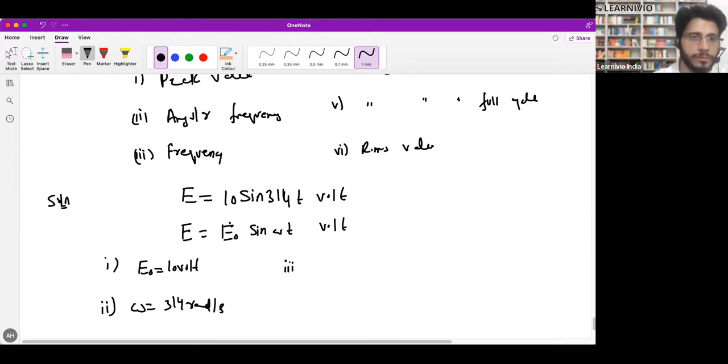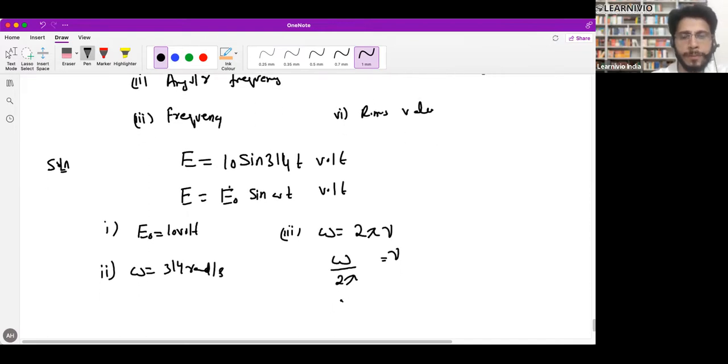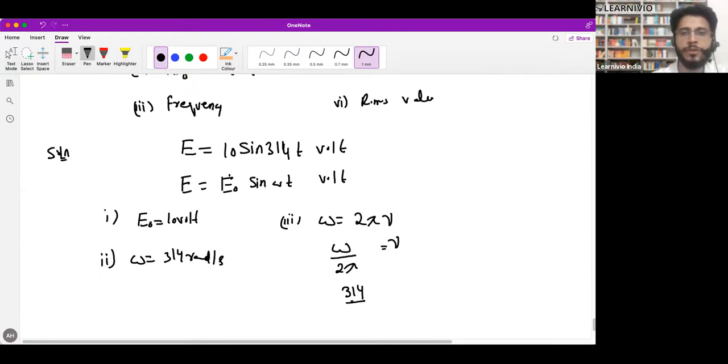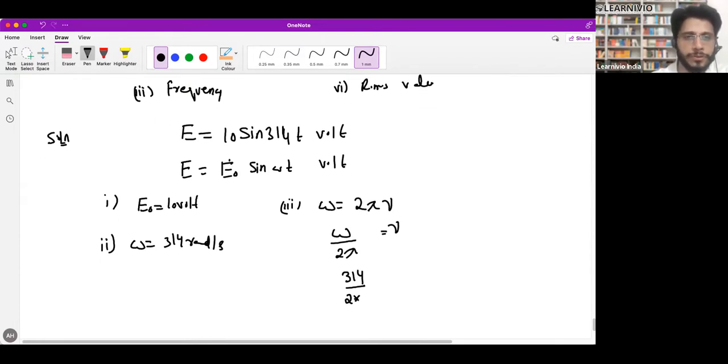Third, from omega you can calculate frequency. Omega is 2 pi nu, so you can write that nu is omega over 2 pi. What's the value of omega? Omega is 314, right? 2 pi is 6.28.